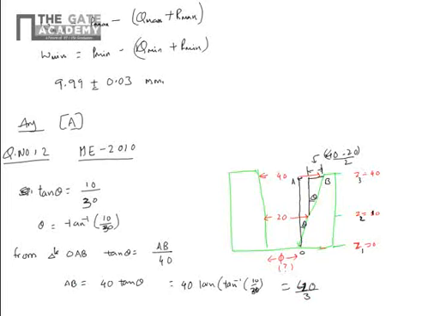So if you want to calculate the diameter at z equal to 0, 40 minus 2 into 40 by 3 equal to 40 by 3. That is equal to 13.3 mm. So diameter at the bottom is 13.3 mm.